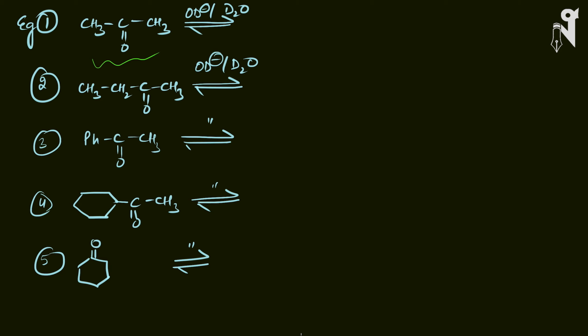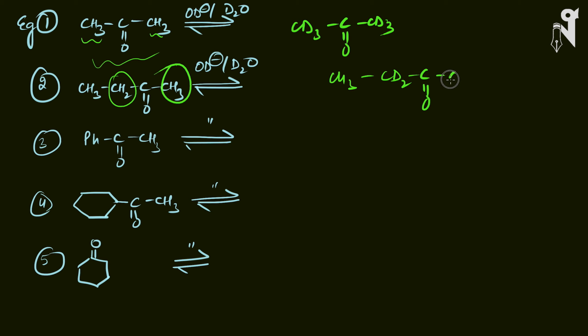I hope you have done all of it, and let's discuss the answers now. In every place here there will be deuterium, so it will be CD3, C double bond O, CD3. This will be the product formed here. These are the places where the replaceable hydrogens are. So it will form CH3, CD2, C double bond O, and CD3. Here again, here is the replaceable hydrogen, so it will form PhD, C double bond O, CD3.